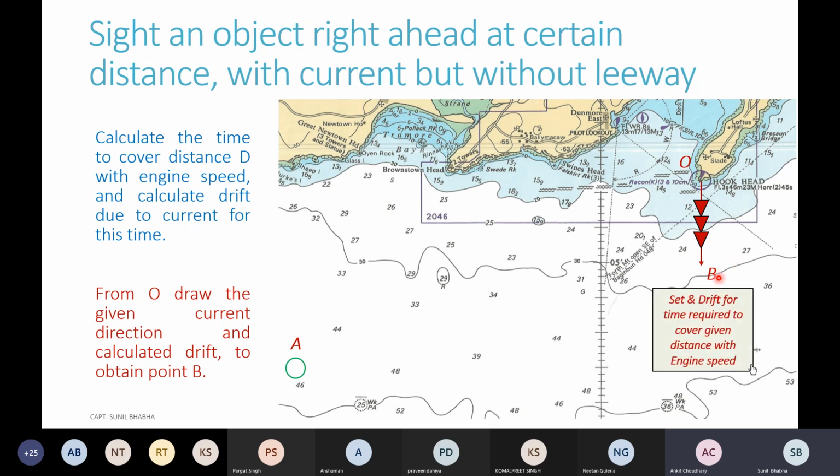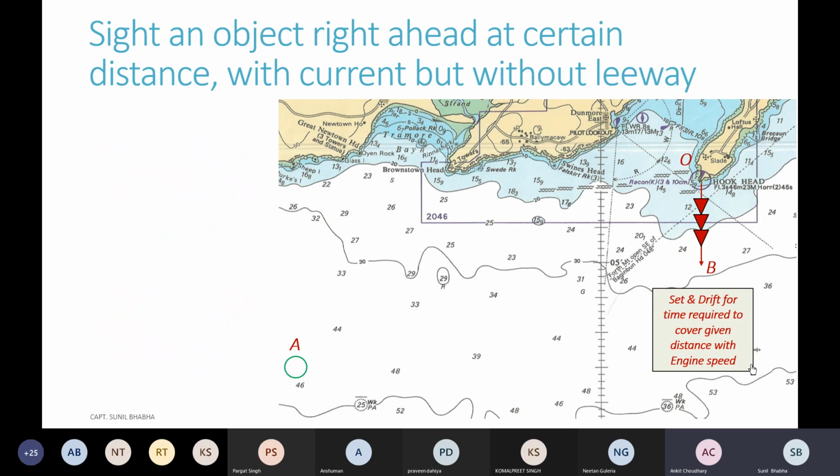You can see it here also. The set and drift is for the time which is required to cover the given distance with our engine speed. Now what we will do is we will join our initial position A in this case to the point where the current vector ends, that is point Bravo.